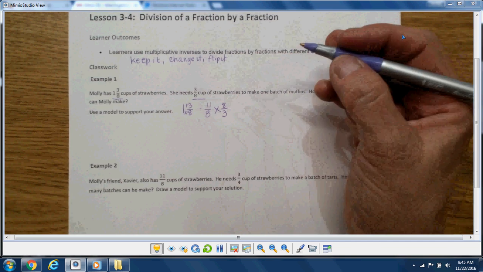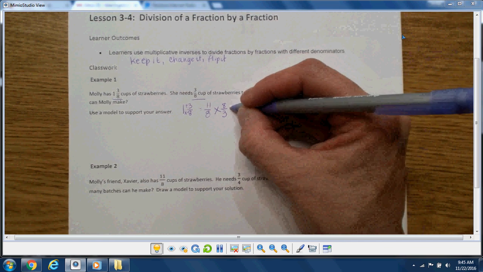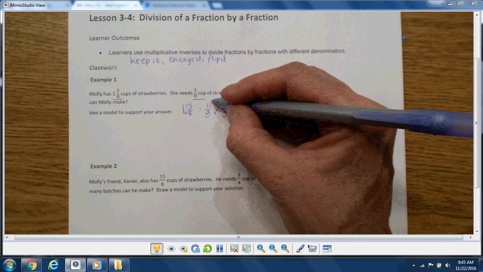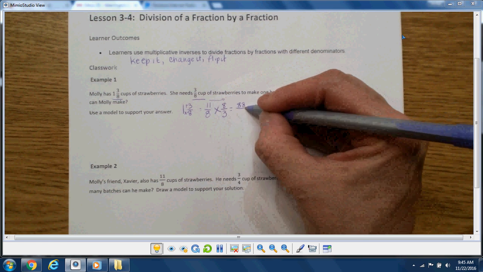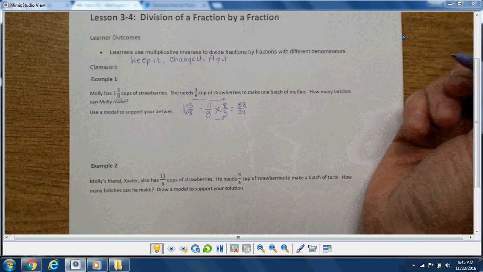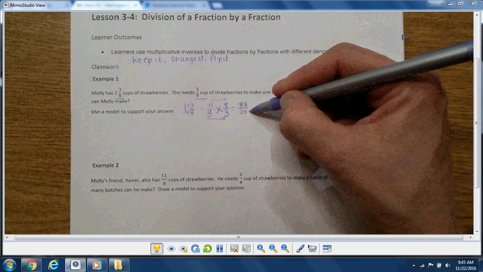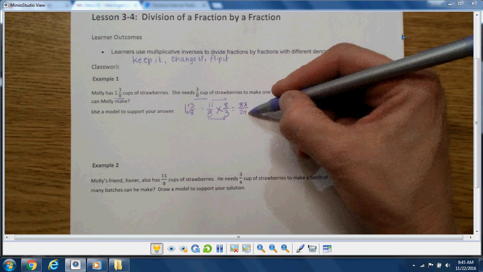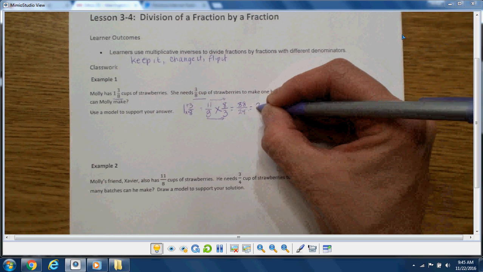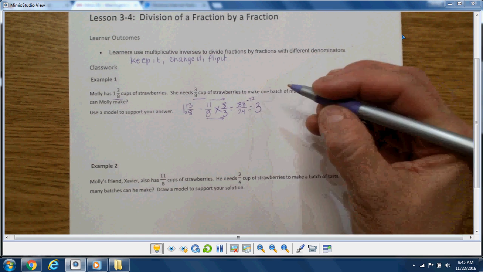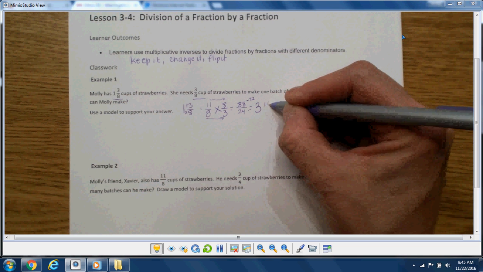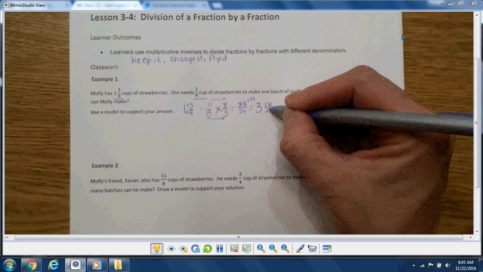Then when we divide by using our multiplication, we get 88 because we multiply our numerators, over 24 because we multiply our denominators. Now we have an improper fraction. 24 goes into 88 3 times, for 72. 88 minus 72 is 16 over 24.